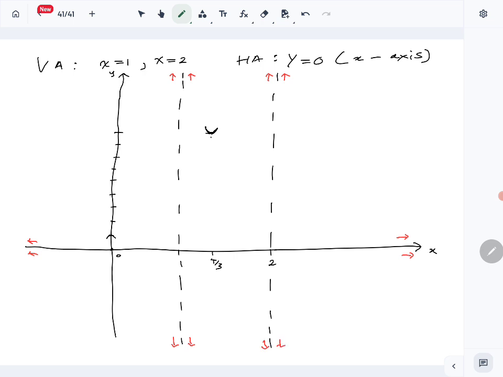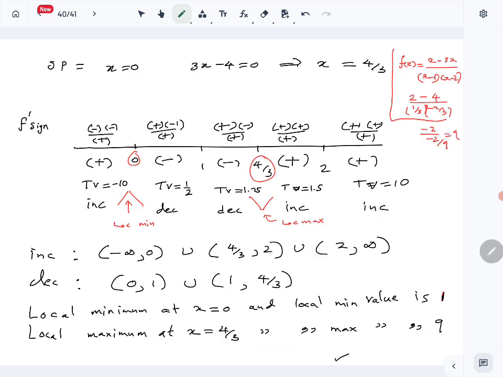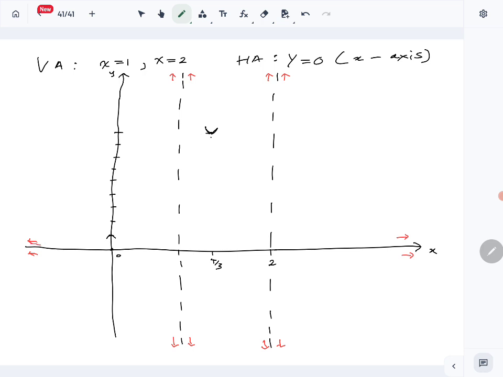Which ones to connect is decided by looking at increasing, decreasing and local max min points. So first interval is from minus infinity to 0. So that is increasing. So here you have to go like this. This is increasing.